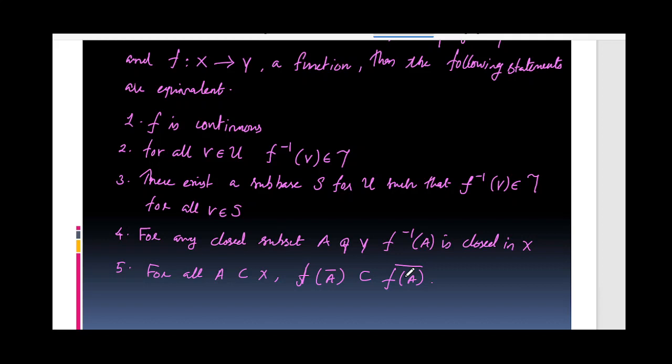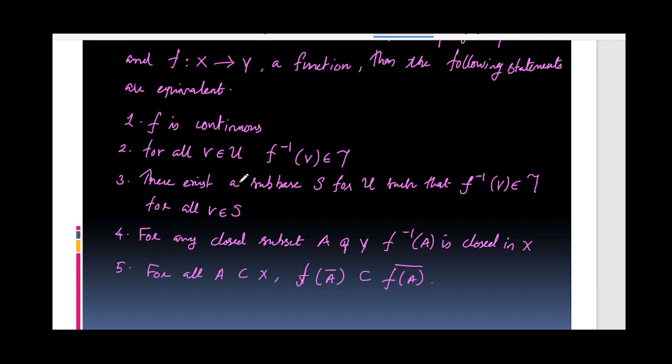Now we will prove the equivalence conditions one by one. So first we will assume condition 1 and prove condition 2. That is, if f is continuous, then for all V belongs to U, f inverse of V belongs to the topology T, that we want to prove.